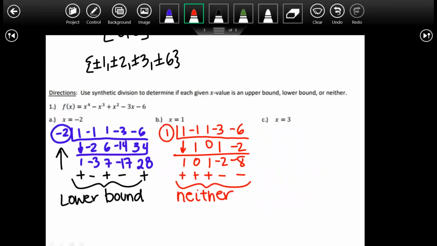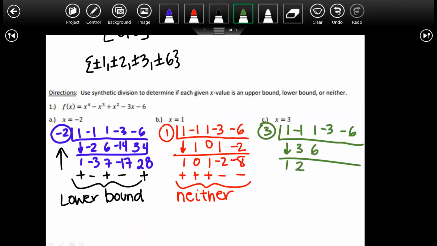Now, doing our last case, we're going to use 3. We're using a positive value. That means if all of our answers are positive, that means we have an upper bound. So doing this one should work. 1, 3, 2, 6, 7, 21, 17, yeah, 18, 54, 48, right?